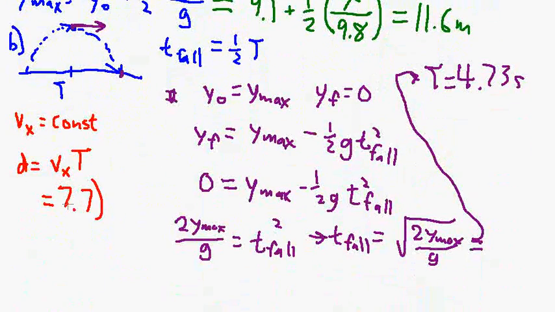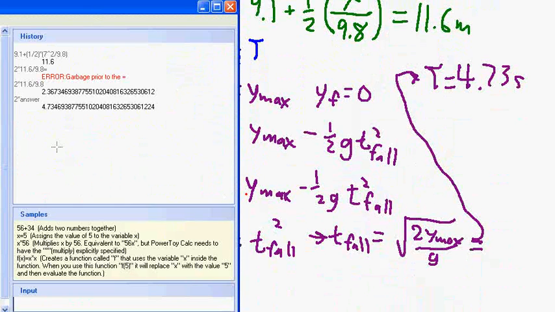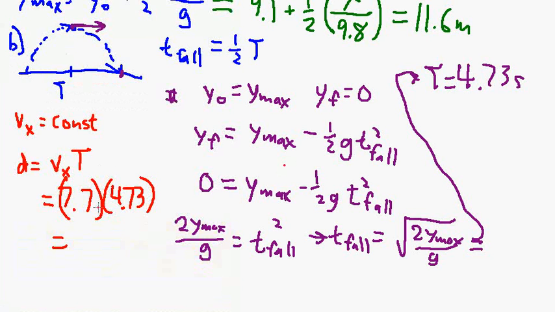So answer times 7.7 is 36.5 meters. So that's going to be 36.5 meters, we hope. Does that sound right?